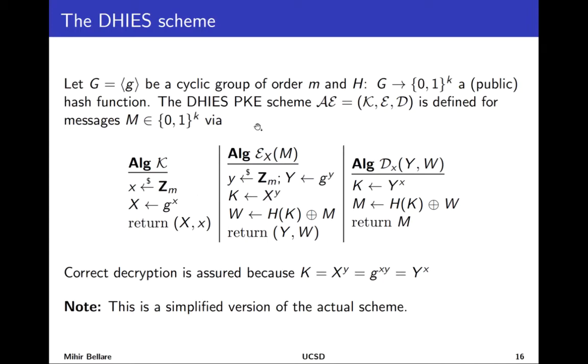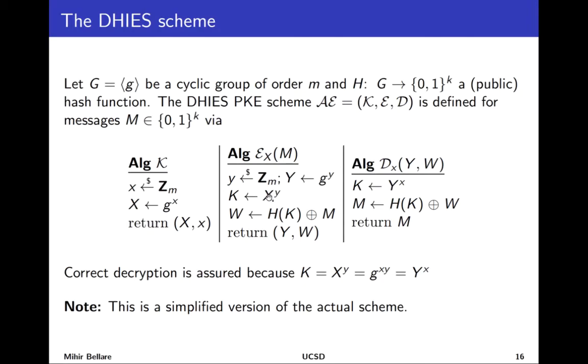So how does Bob encrypt? This is the description of the encryption algorithm. It takes Alice's public key big X and a message m that's a k-bit string. It starts by doing what Bob would do in the Diffie-Hellman key exchange. You pick a random exponent little y, raise g to that power to get big Y, and then you compute what would be the shared key in the Diffie-Hellman key exchange.